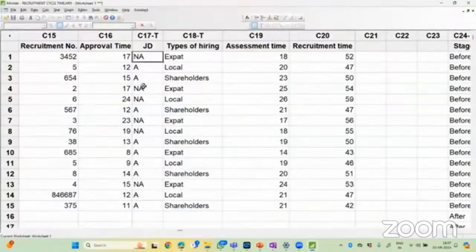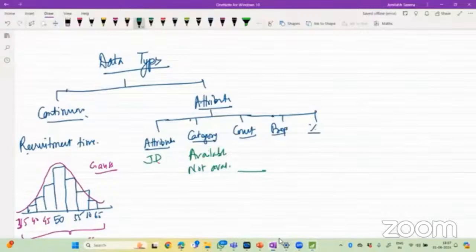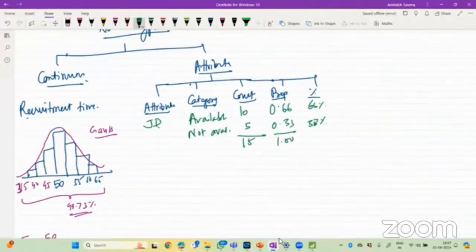So I can just say 1, 2, 3, 4, 5, 6 times not available, and 10 times it was available. Proportion was 0.66, 0.33. Total is 1, 66%, 33%. And when I'm displaying any attribute data, I cannot make a histogram. I will always make a pie chart.